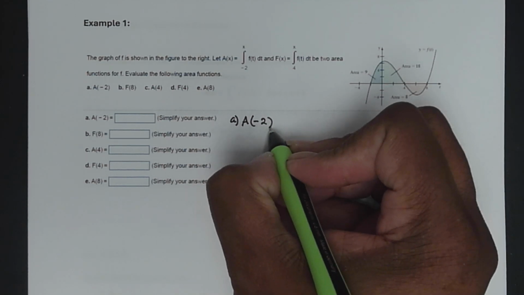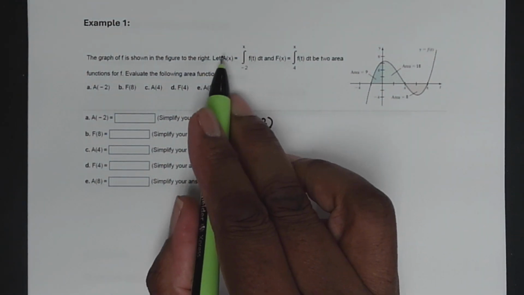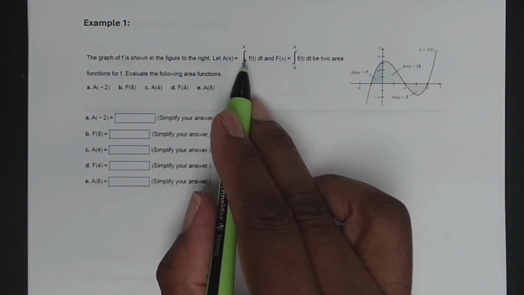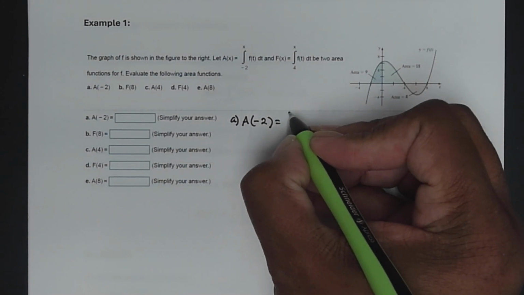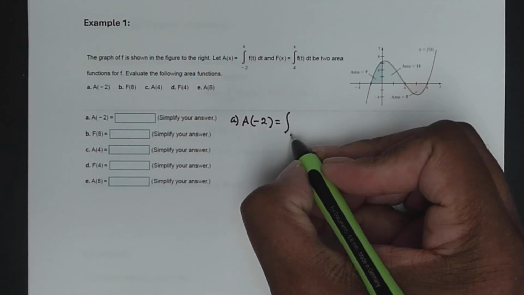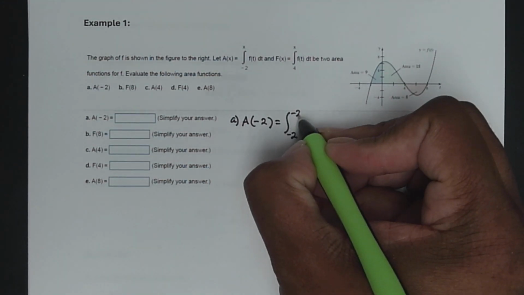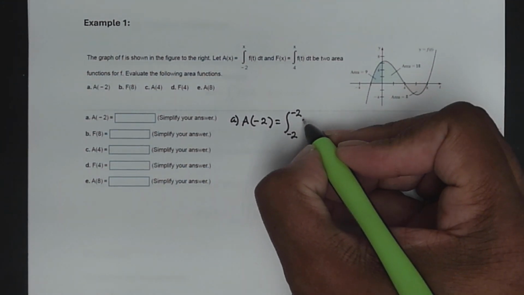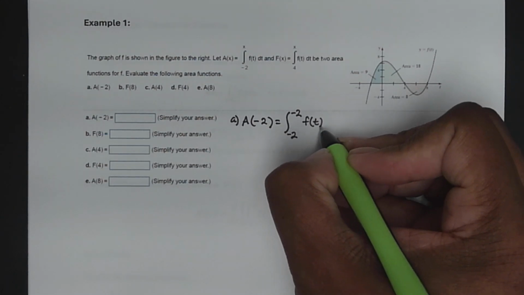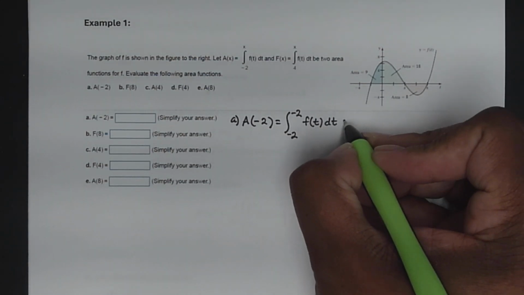So capital A of -2, that means we need to use this formula for A of x here, which will be the integral from -2 to x, in this case replaced with -2, because that's our x value here, of f of t dt.